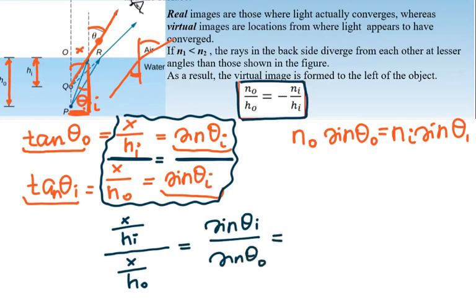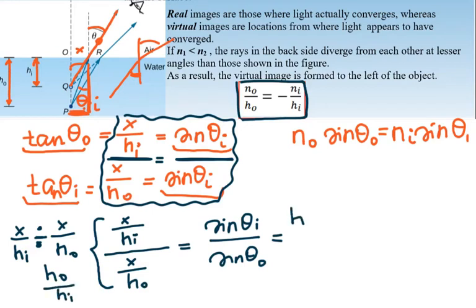And for this part, I have X over HI is equal to X over HO divided. I'm going to flip it, and that will give me HO over HI. So that's HO over HI.